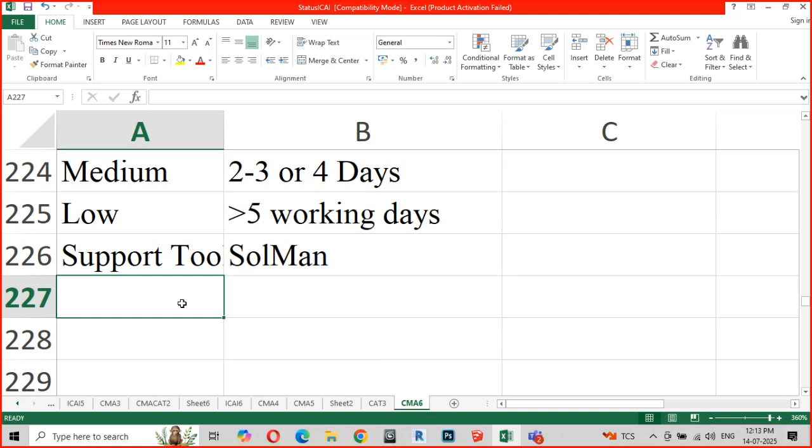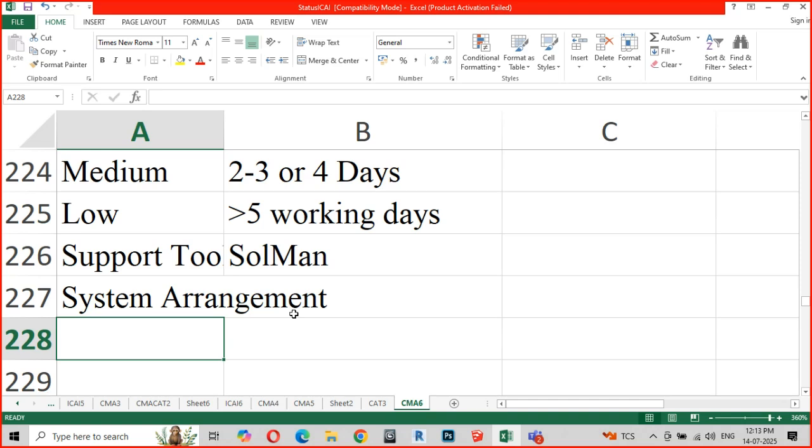So even in SAP, your systems are arranged in a typical way, how the servers are arranged. You can also call it a server.